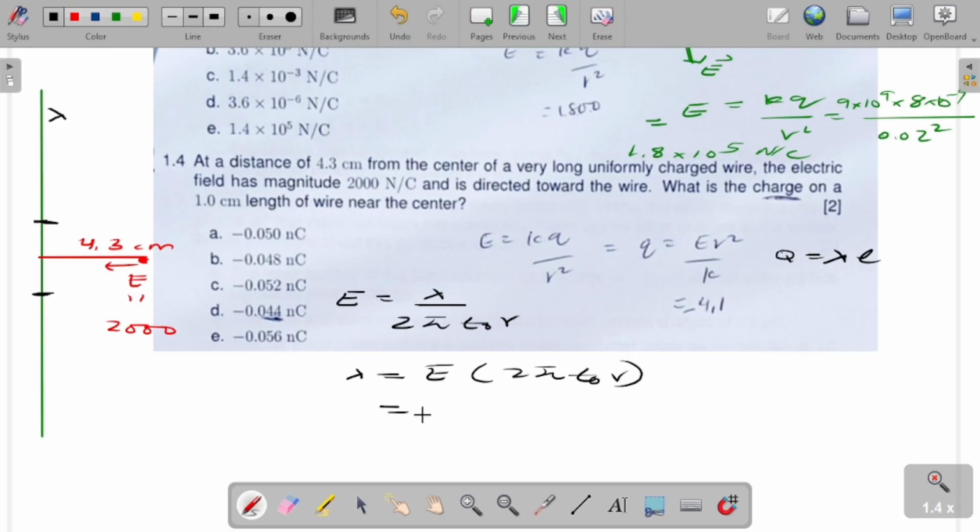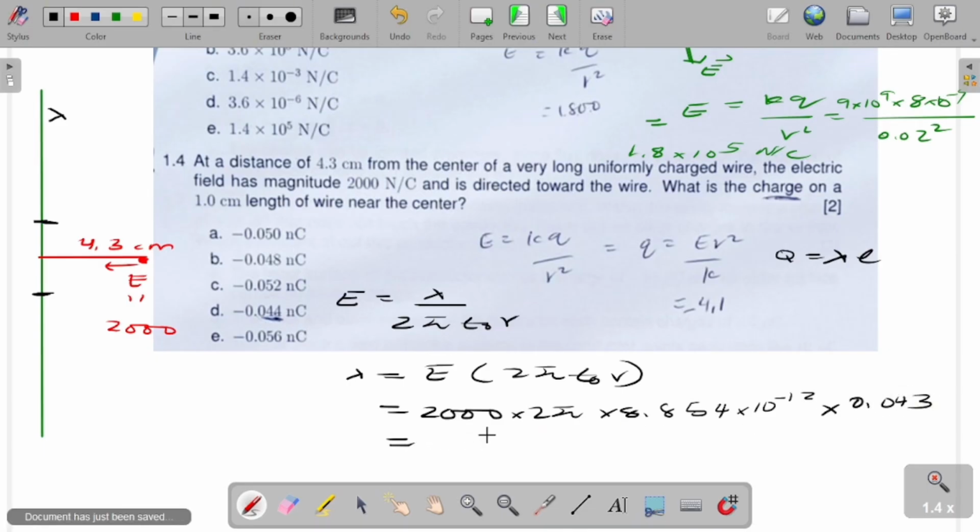Our electric field is 2000 multiplied by 2 pi multiplied by 8.854 times 10 to the negative 12 multiplied by our r, in this case 4.3. So you will take 0.043 in meters. Can someone tell us what the answer is here?